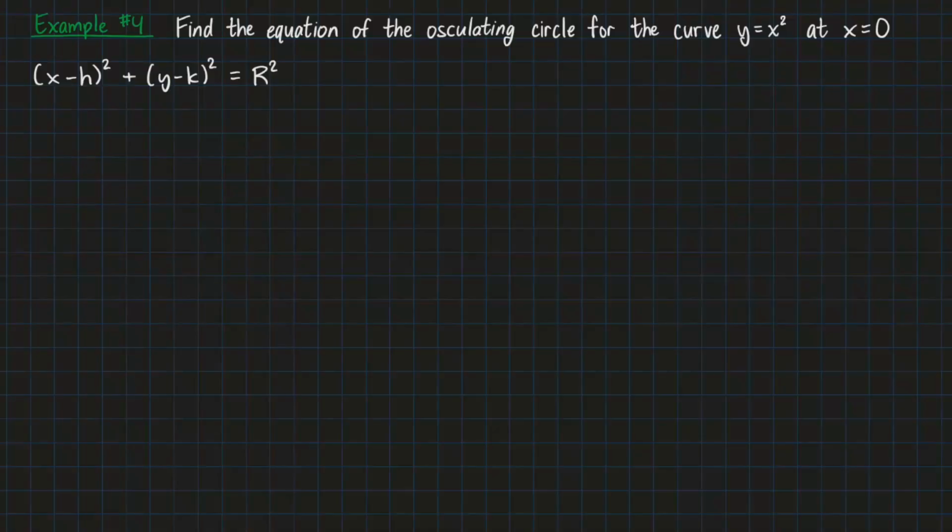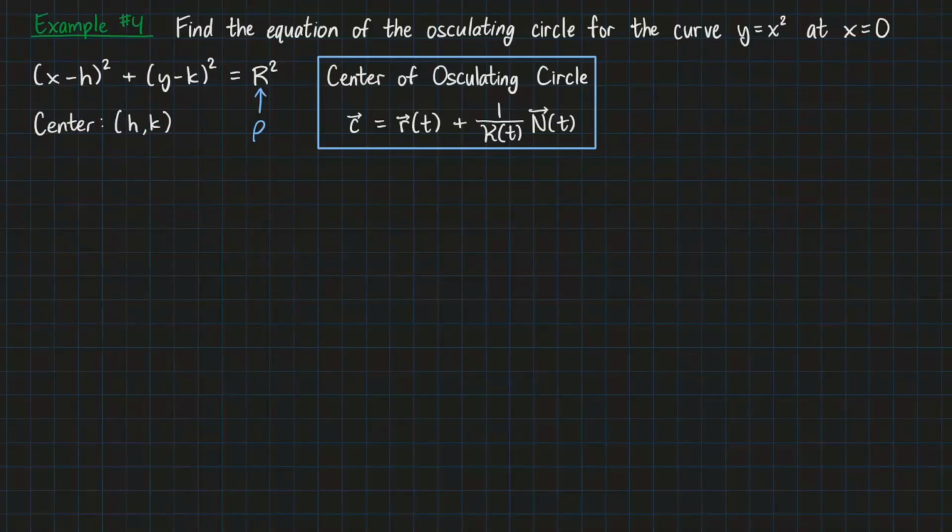To plot the circle, we need to know the center and the radius. The center of the circle is (h, k), and since this is an osculating circle, rho is going to be the radius. To find the center of the osculating circle, we can use the equation c equals r plus 1 over kappa times N, and this is a vector equation parameterized by t.